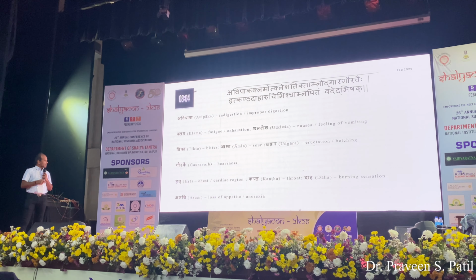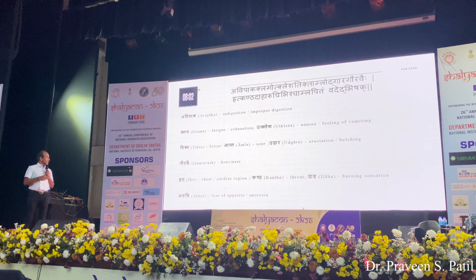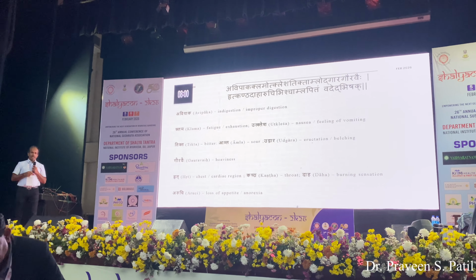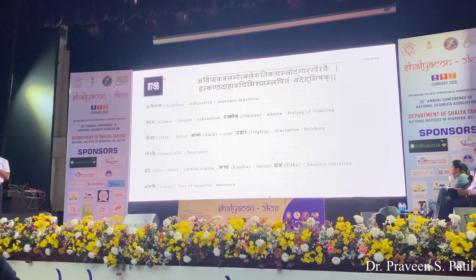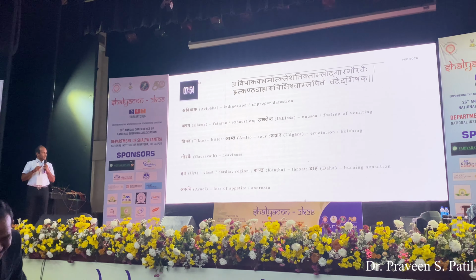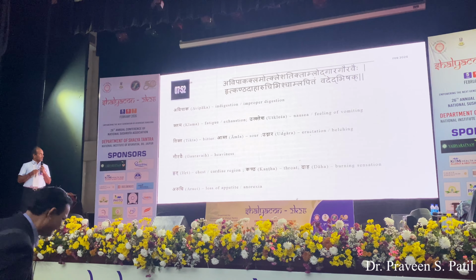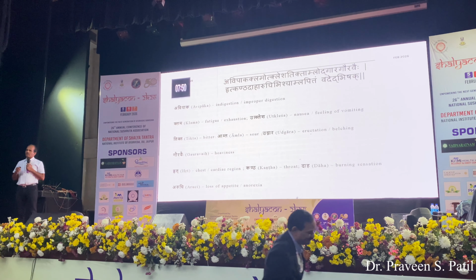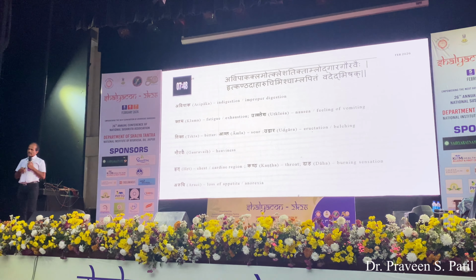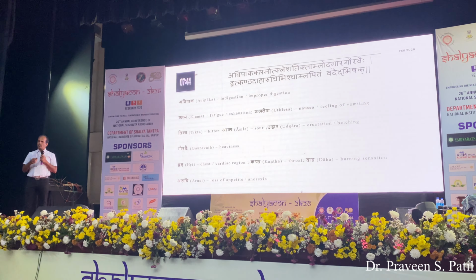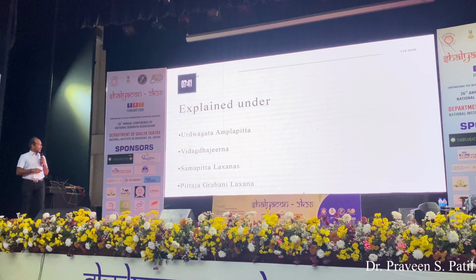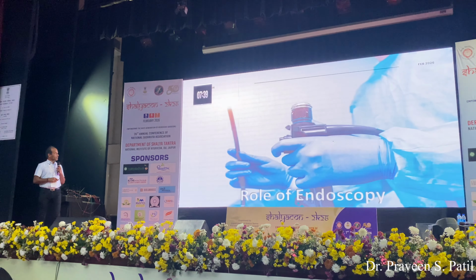That causes Hrutkanta Daha and Amla Udgara. So I take these as the cardinal features of Amlapitta. The one which causes Hrutkanta Daha and Amla Udgara, that we commonly call Amlapitta. But to differentiate, we require a tool. That's what I would like to highlight today.